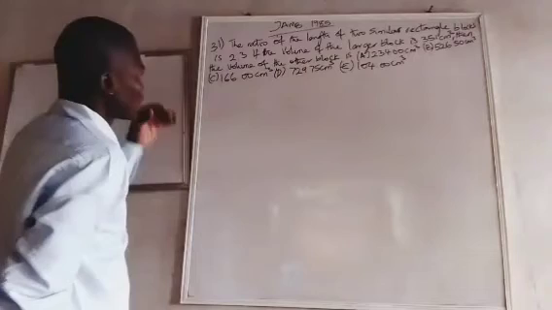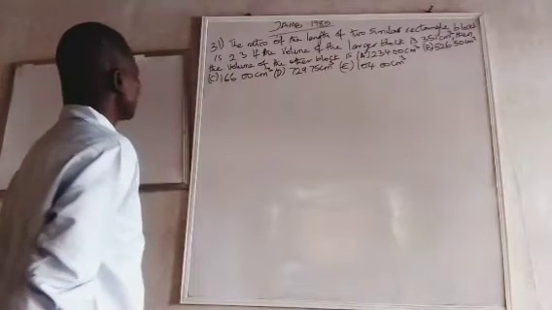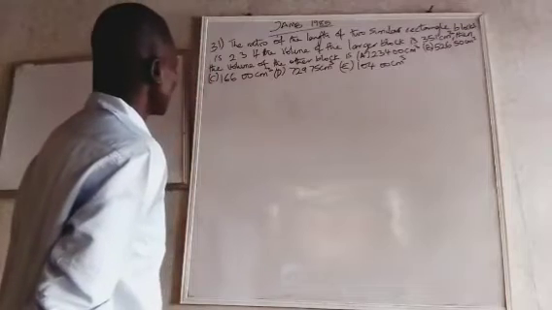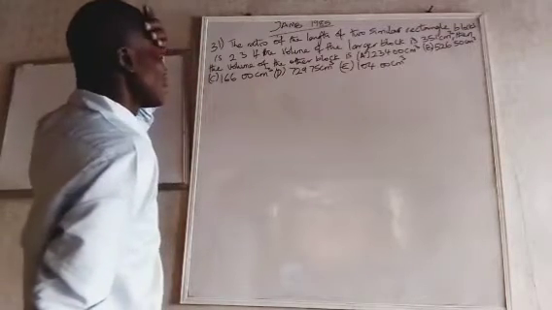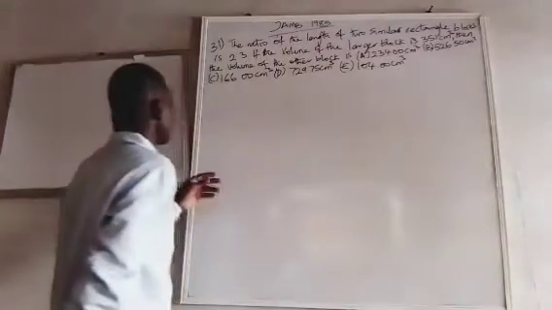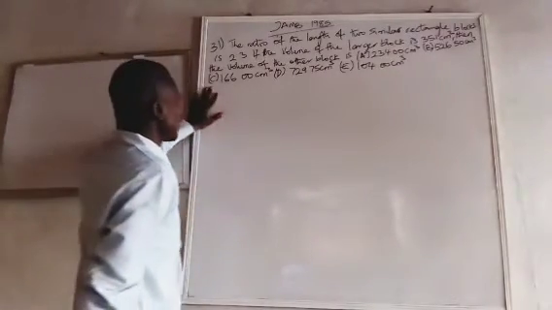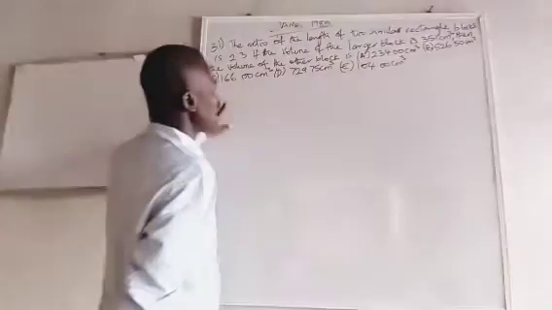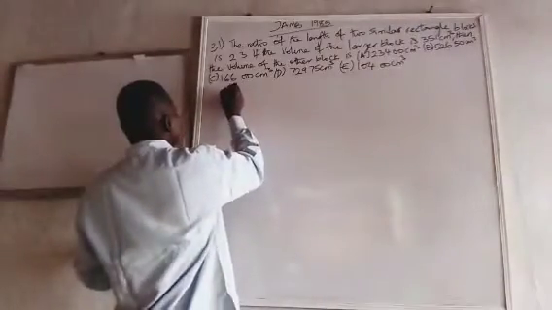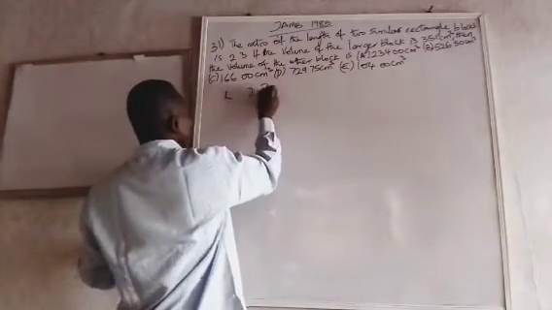The ratio of the length of two similar rectangular blocks is 2 to 3. If the volume of the larger block is 351 cm3, then the volume of the other block is: A 224 cm3, B 526.50 cm3, C 166 cm3, D 729.75 cm3, E 104.00 cm3. The ratio of the length is 2 to 3.